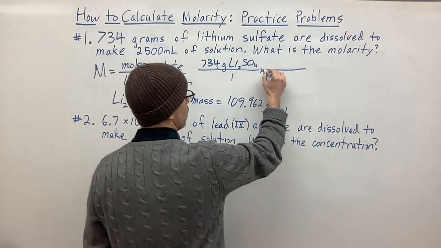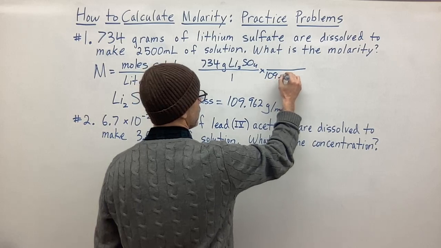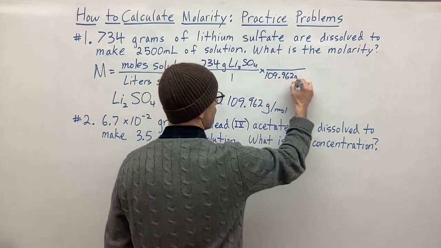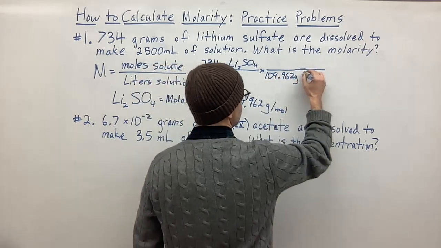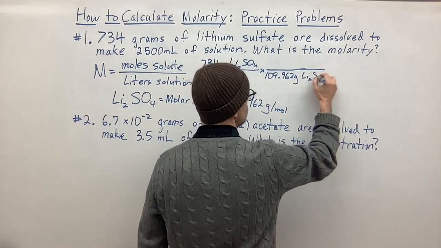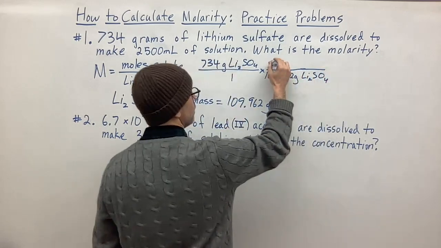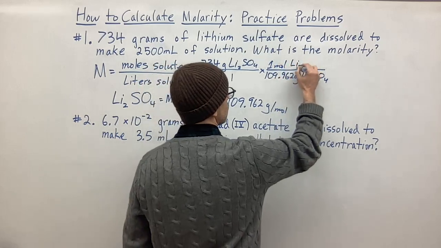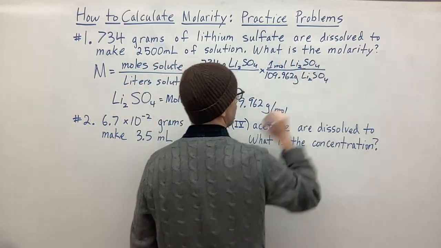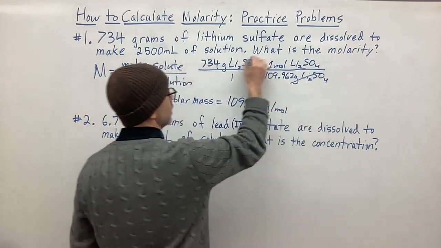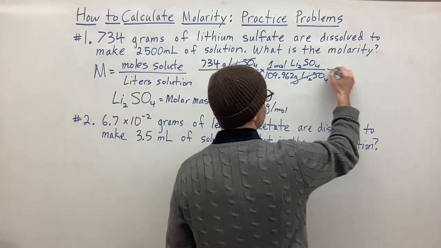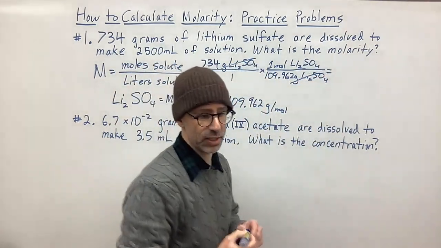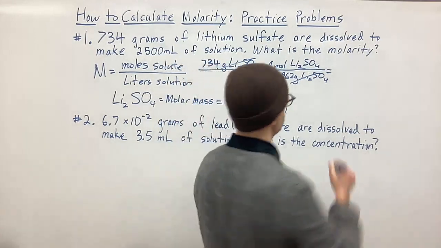So I have 109.962 grams of the lithium sulfate on the bottom and 1 mole of the lithium sulfate on top. So grams are going to cancel out. Now I have moles. So now all I need to do is the calculation, and I came up with 6.68.